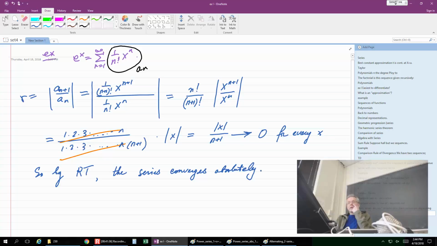The conclusion that we made previously, that converges absolutely means converges, and for every x.